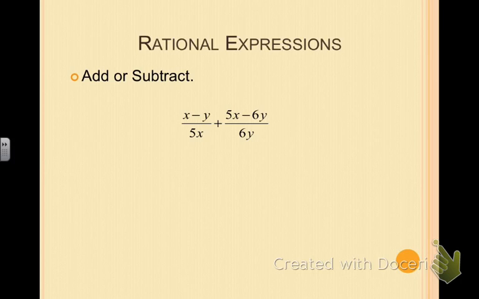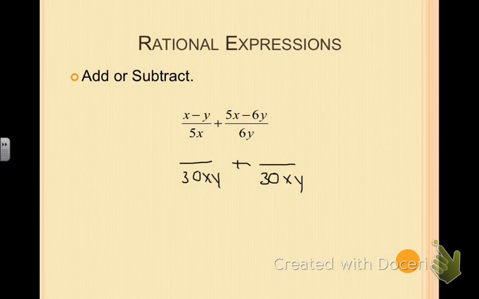In this question, we have denominators of 5x and 6y. The least common multiple of 5 and 6 is 30. Then we take each variable to the highest exponent, so we end up with 30xy. In order to get from 5x to 30xy, we need to multiply by 6y.